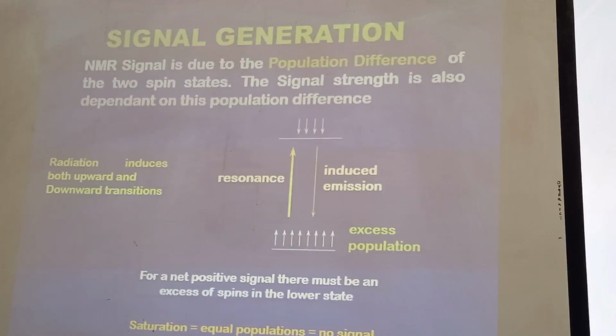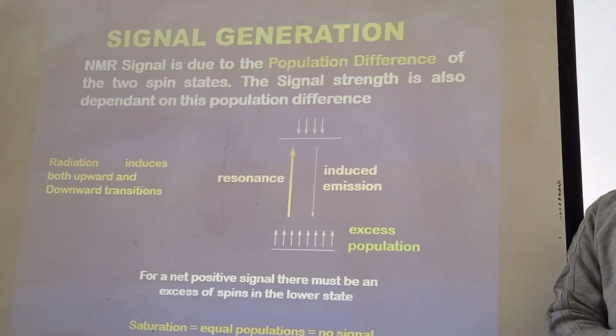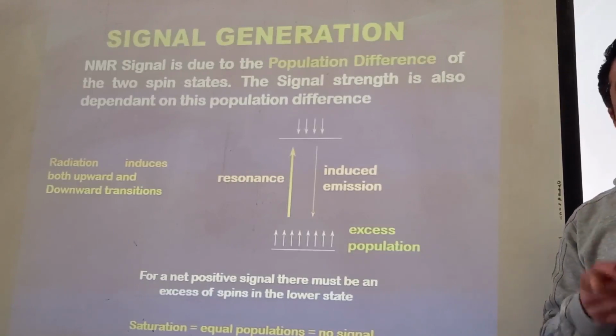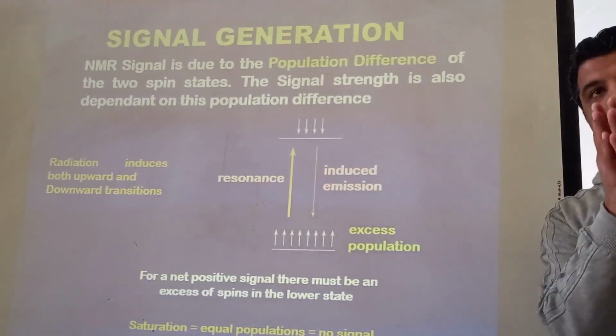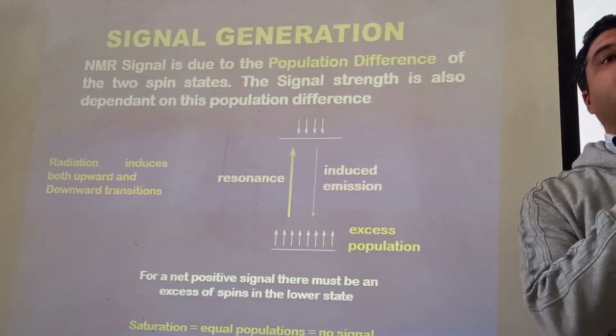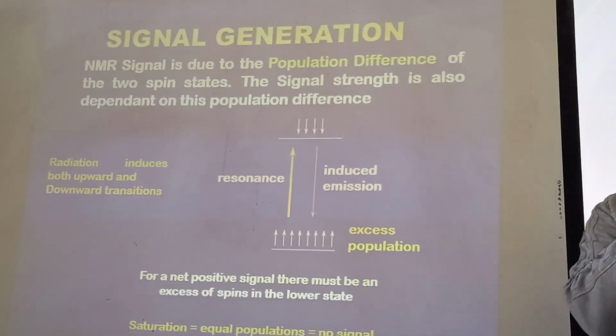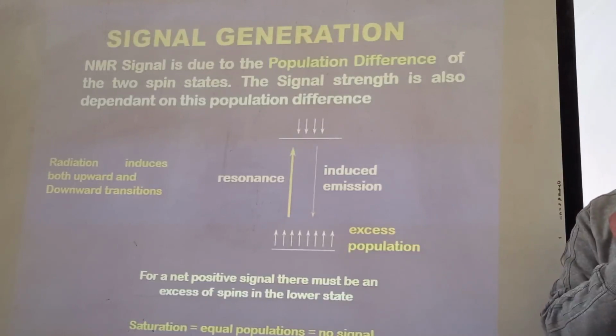And why would some nuclei jump back from beta to alpha state? So as to restore the excess population. And it's a continuous process. But at a particular moment, there always is a slight excess of population in the alpha state.